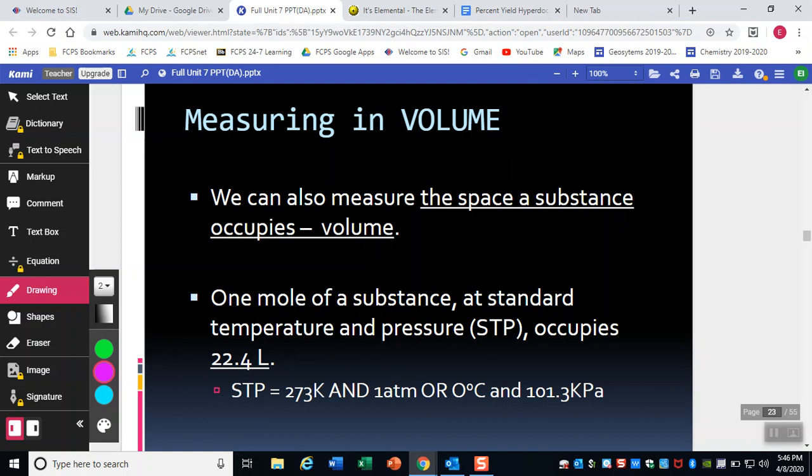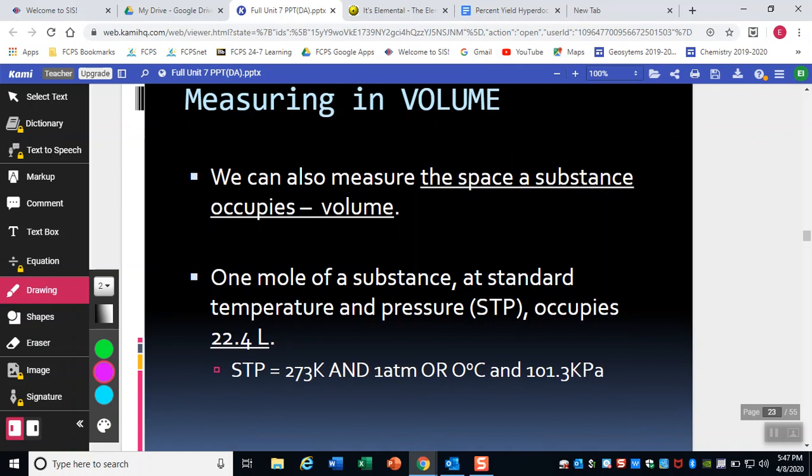So if it's in a small space, it'll have a small volume, right? Gas can be compressed. And if it's in a big space, it will spread out. So the volume of gas depends on the size of the container.